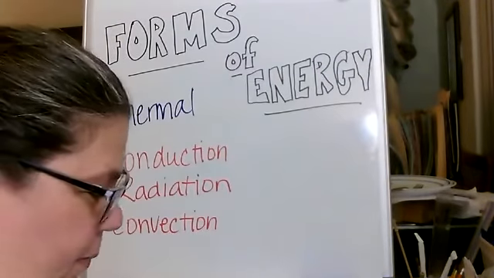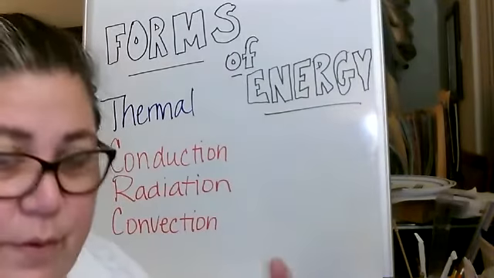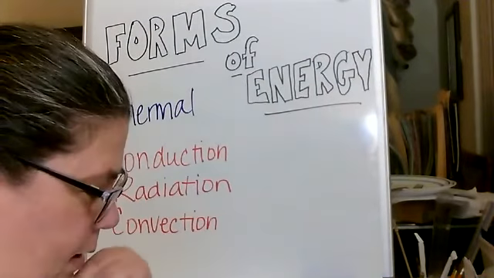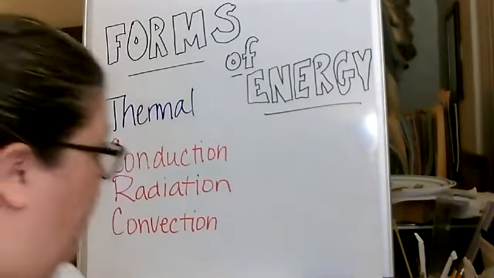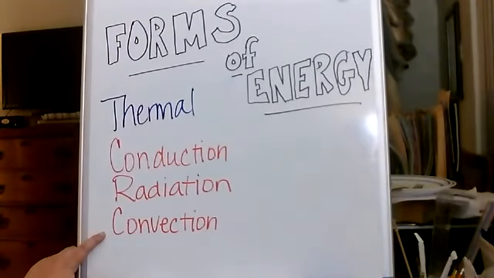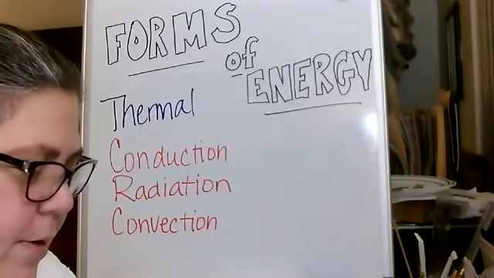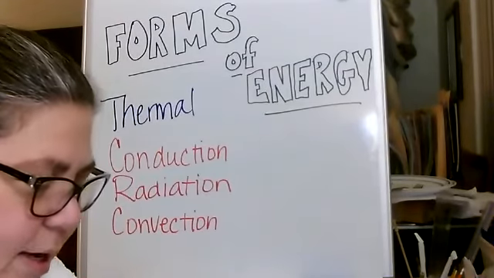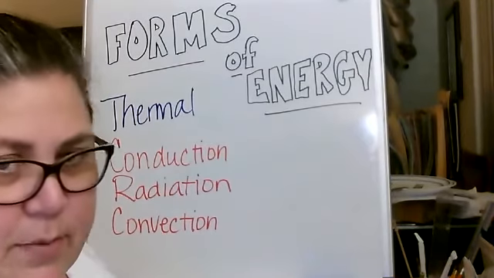Okay, so basically, that is our overview of thermal energy. Things that I want you to remember are these three things: conduction, radiation, and convection, and what those three things mean. I want you to remember that heat is the transfer of thermal energy from warmer to cooler objects.